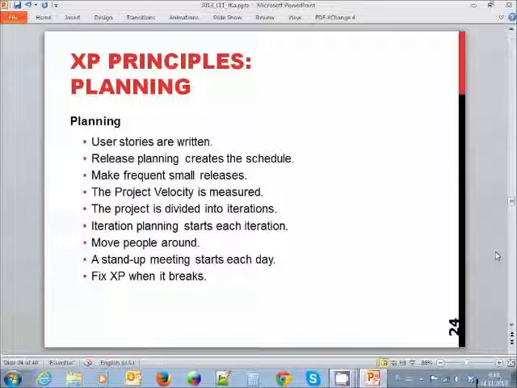We move people around, meaning that if there's one person who's really, really good at programming and one person who's really, really good with graphics, we can change people around so that the people who are really experienced or talented can support the people or parts or components or modules which are lacking behind. This is simply because the idea is not to create a new operating system with this approach.